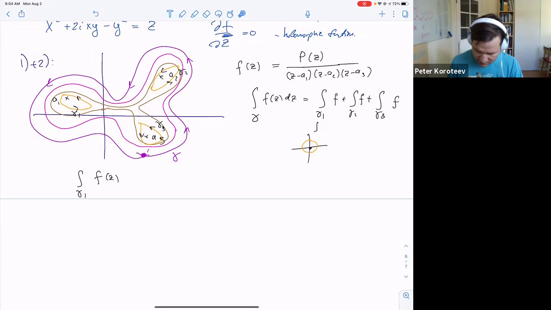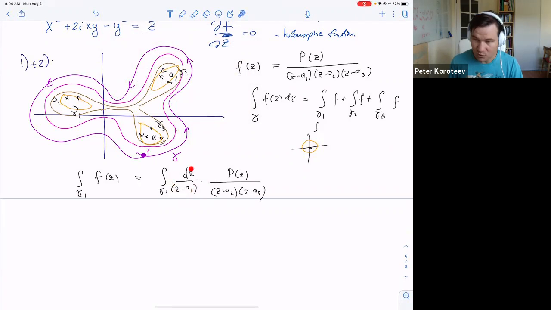let's factor the formula. So integral over gamma 1 of 1 over z minus a1 times, I'm not doing anything, I'm just factoring out the expression, dz. Now, this will give us 2 pi i.